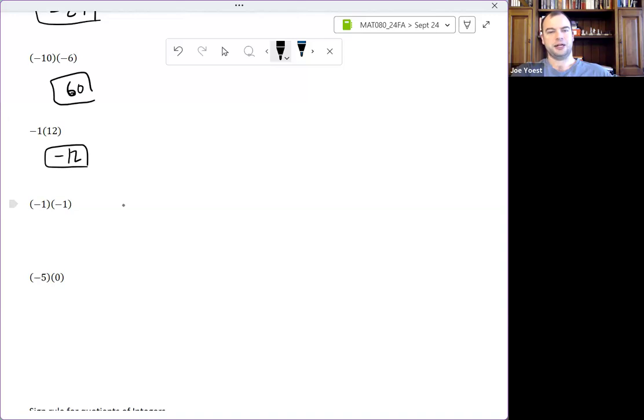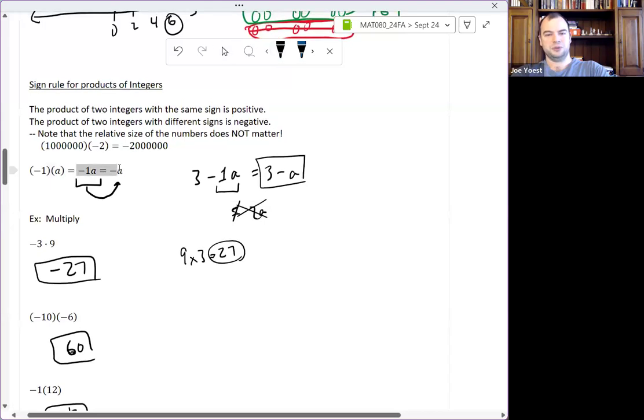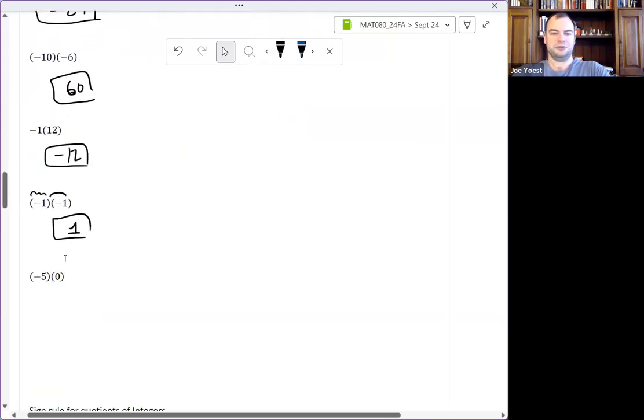I could think of it as the product of two integers with the same sign, so the answer is going to be positive, and the size of the answer is 1 times 1, or 1. Or I could think of it as the opposite of -1, which is +1. Either way I choose to think about it, this fits into both of these rules, and I get the same answer, +1.